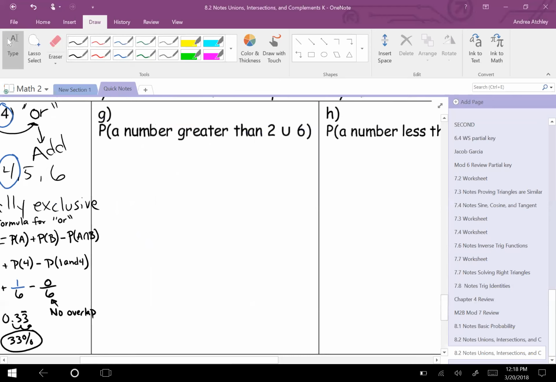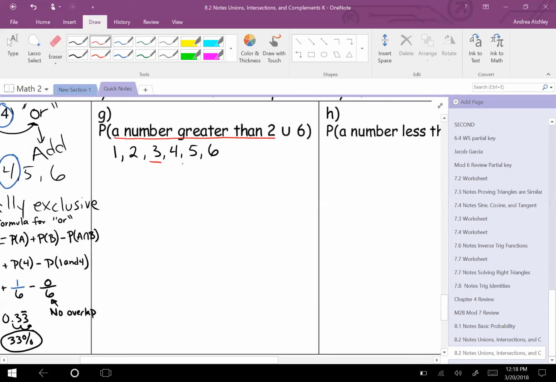Okay, the probability of a number greater than 2 or 6. So I'm going to start with 1, 2, 3, 4, 5, 6. I want my sample space, so I write it all out. I'm going to underline numbers that are greater than 2.